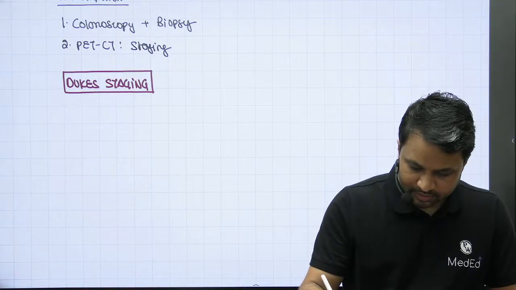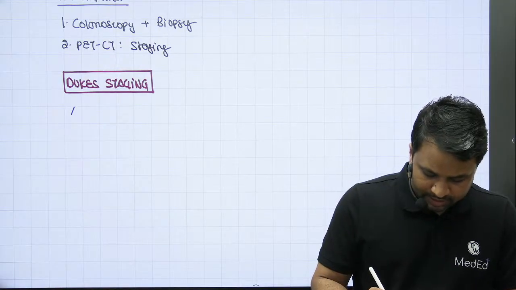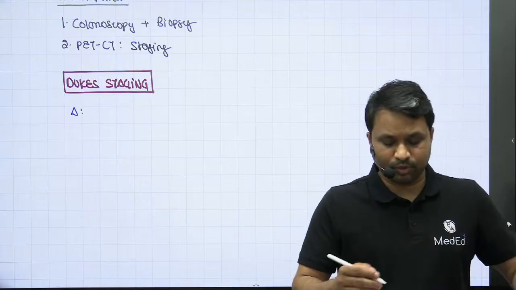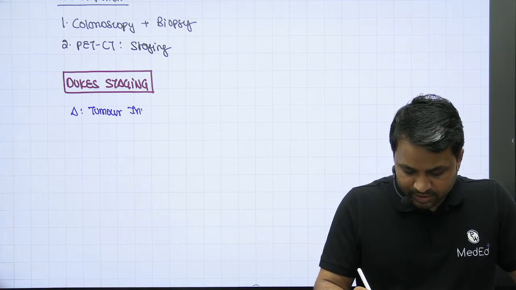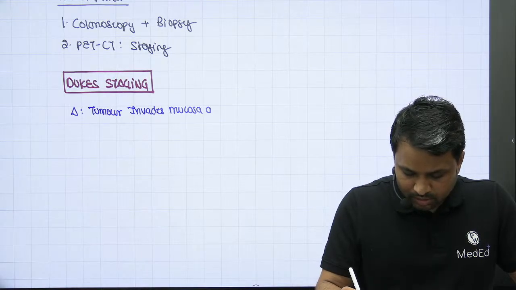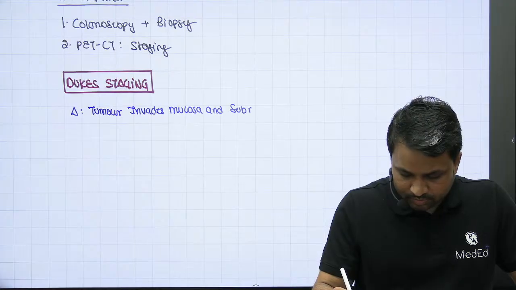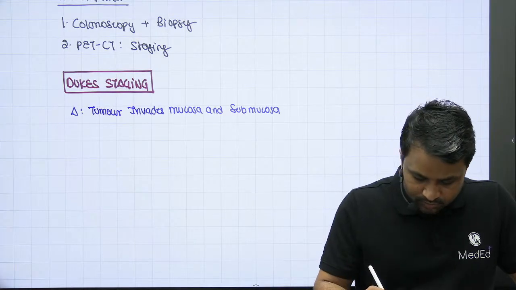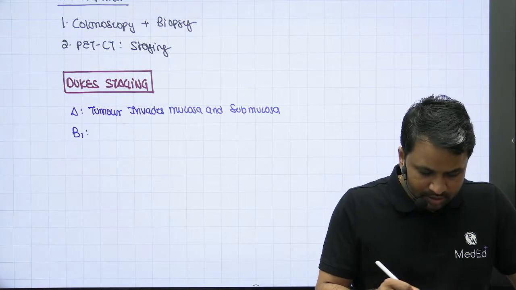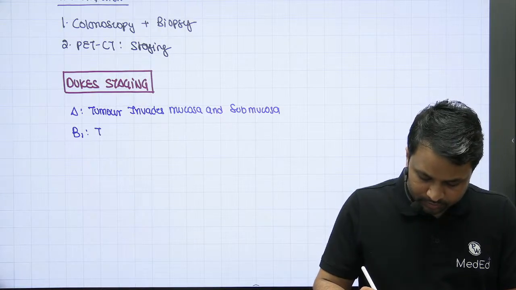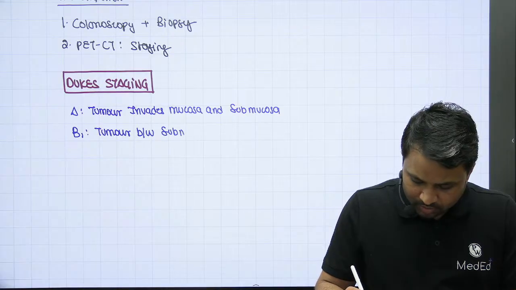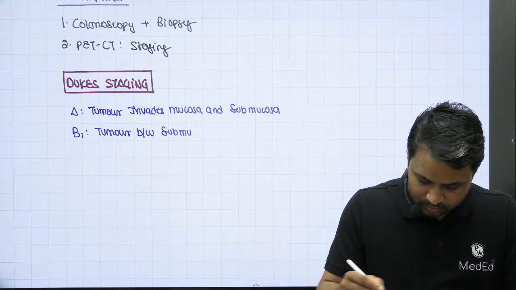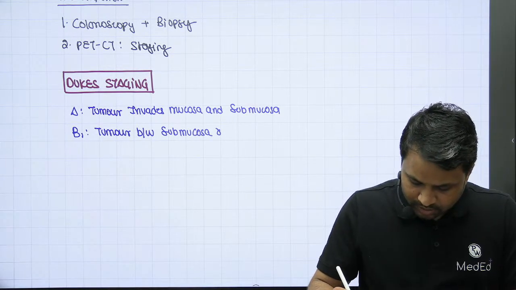In the Duke staging, we have Duke stage A, where the tumor invades mucosa and submucosa. Then there is B1, that is tumor between submucosa and serosa.